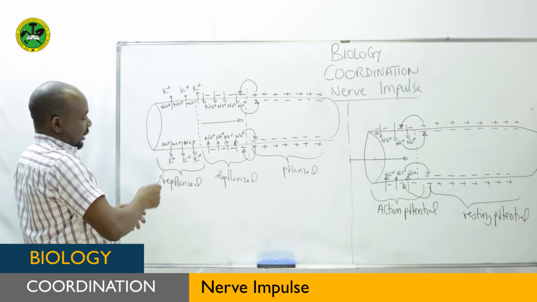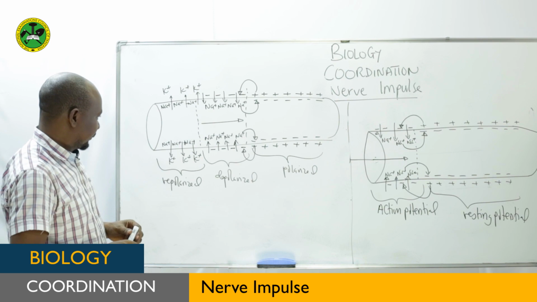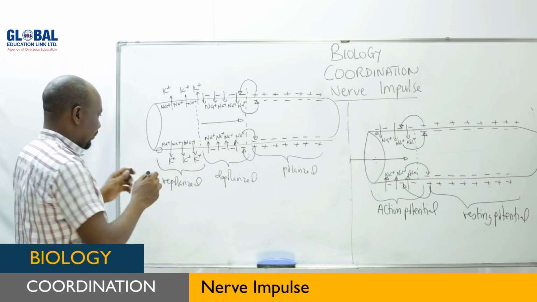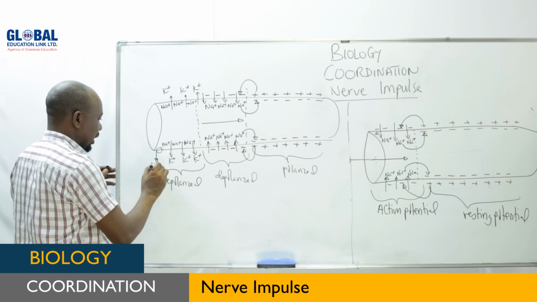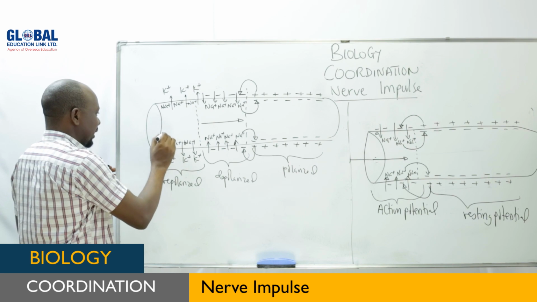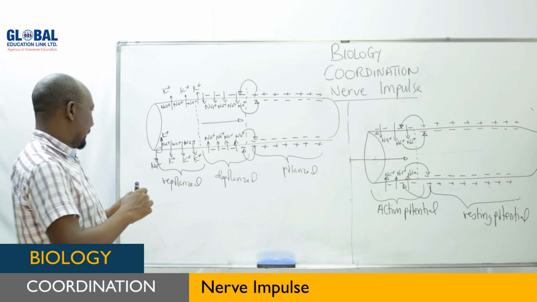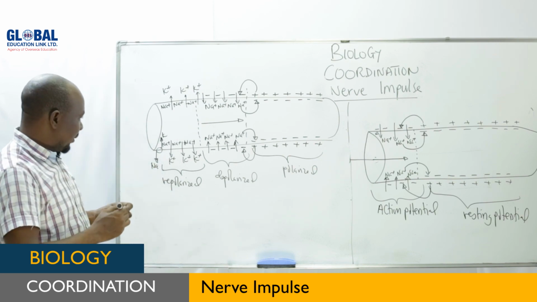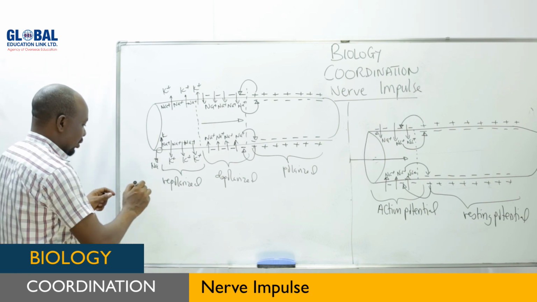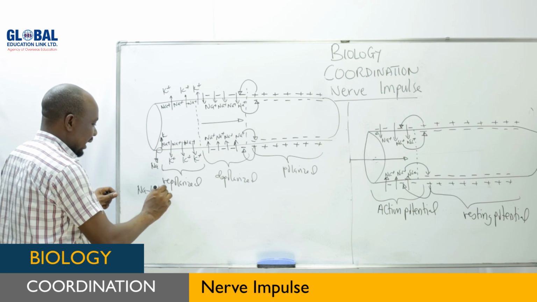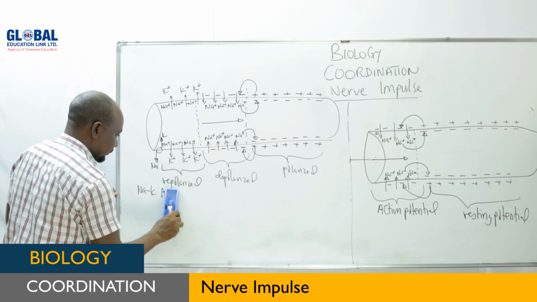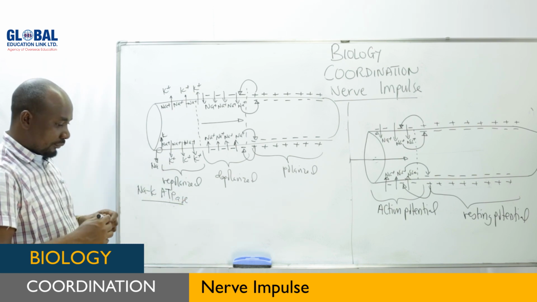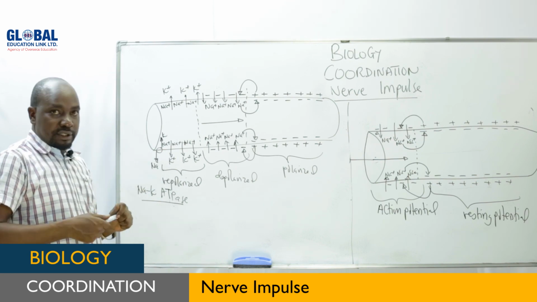So then, when the axon is in this situation, the so-called sodium-potassium pump, which is located on the axon membrane, in the presence of the sodium-potassium ATPase enzyme, is activated.